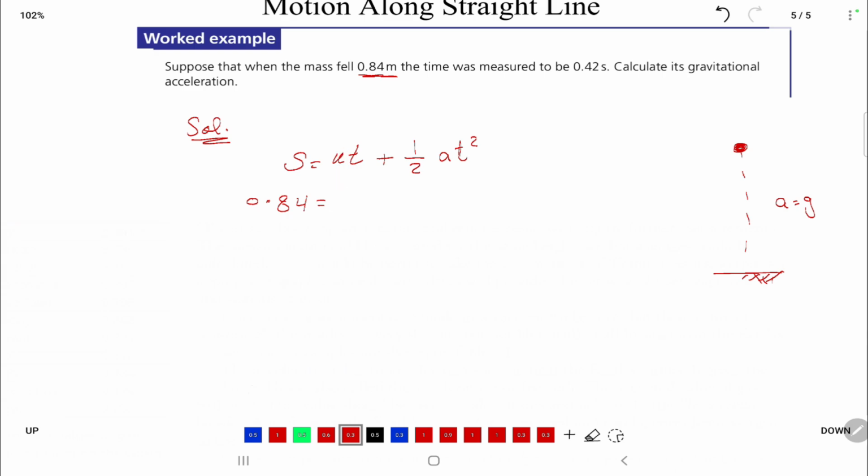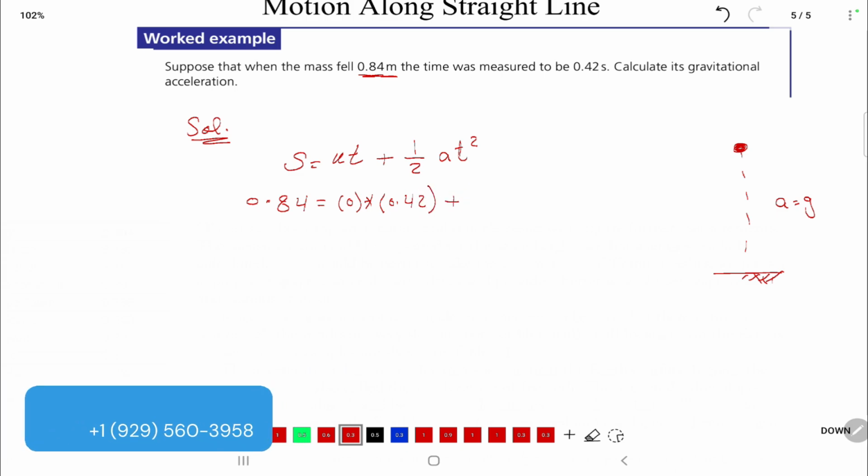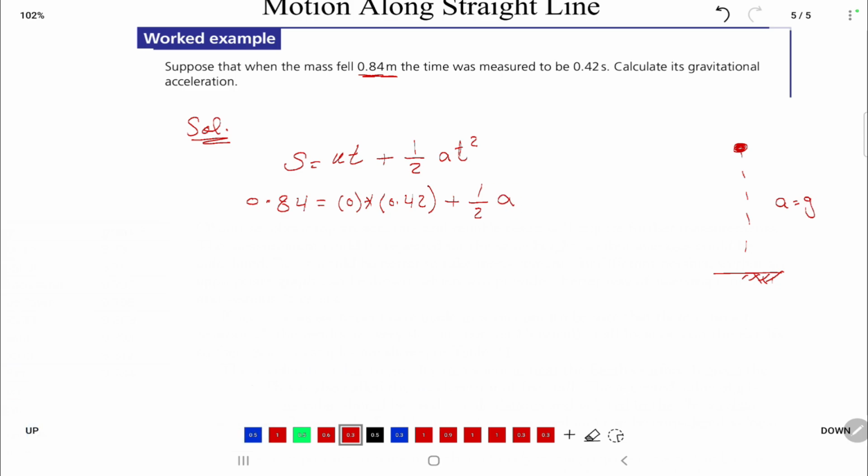So this is 0 multiplied by t. t is also given, it is 0.42 seconds, plus half a, the gravitational acceleration. It is either a or g, it is the same, multiplied by 0.42 squared.